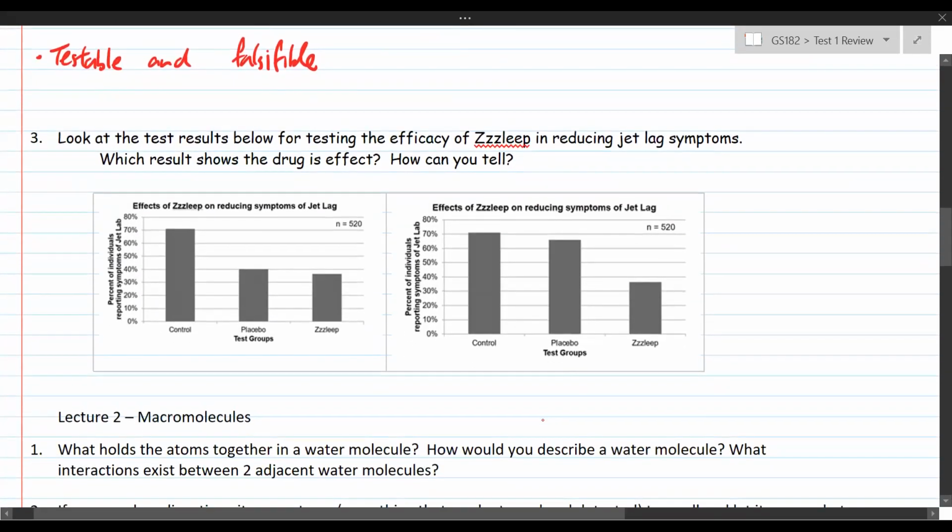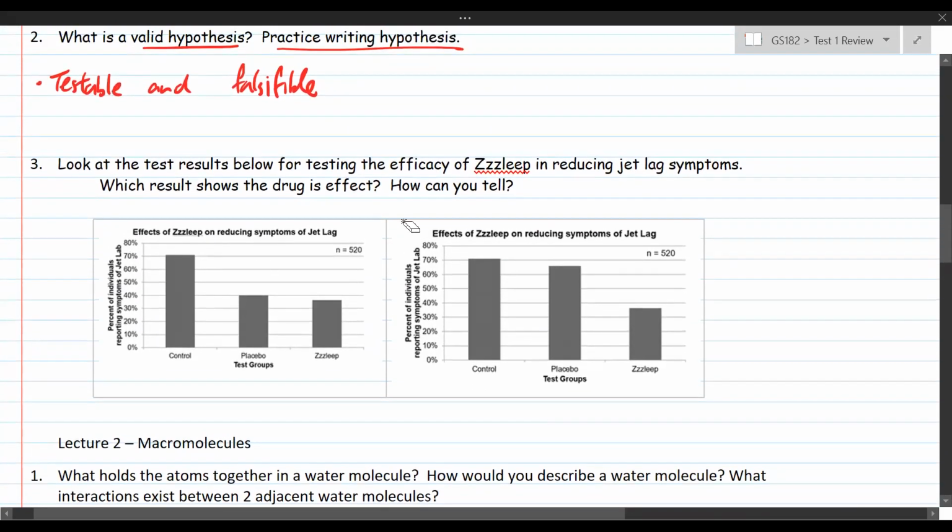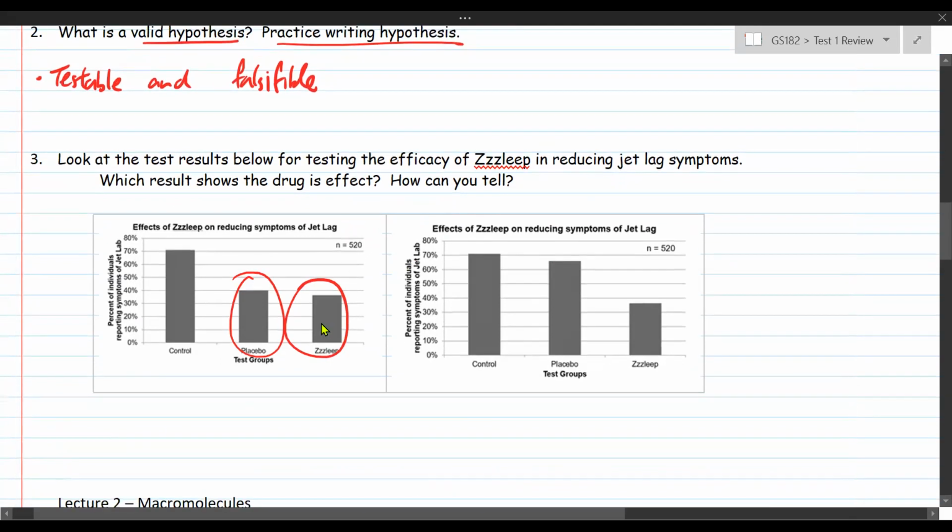Look at the test results below for testing the efficacy of the sleeping pill to reduce jet lag symptoms. Which one shows that it is effective? Let's take a look here. We have the control group. Both placebo and the drug were able to reduce the jet lag symptoms.